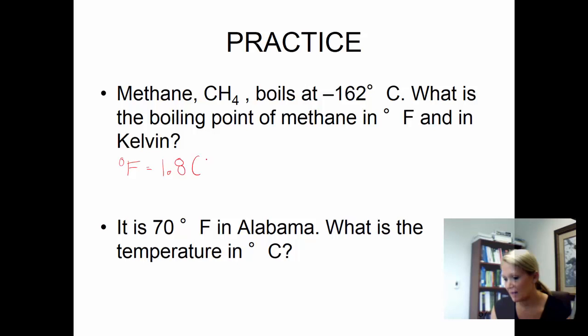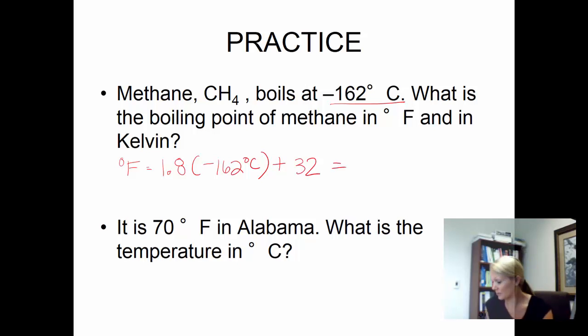You take that 1.8 and multiply it times the degree C that we're given here, and then add 32. So 1.8 times negative 162 plus 32 gives about negative 259.6, but that's going to round to negative 260 degrees F.